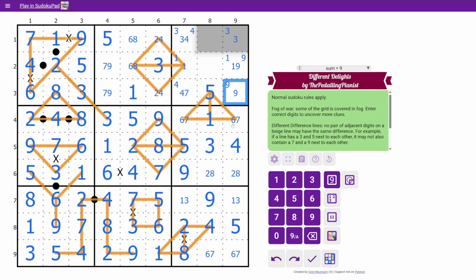This one can be 2, 7, 9. And that's going to finish out this row. Two, 4, 7, 9.